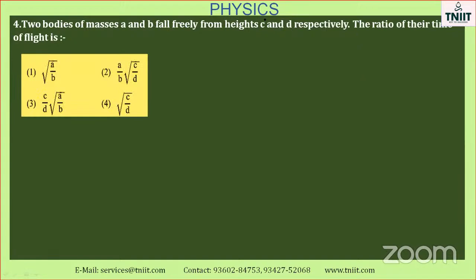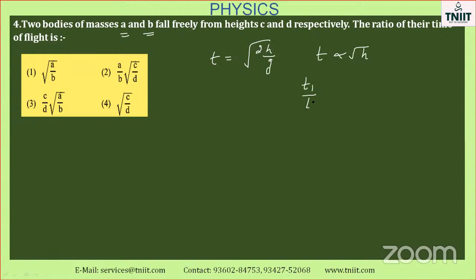Two bodies of masses A and B are falling from the heights C and D. What is the ratio of the time of the flights? You know that the time of flight is given by the formula root of 2h by g. So T is directly proportional to root h.